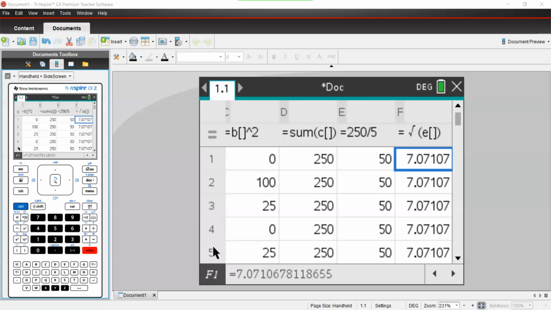Now I can put my whole formula together. It was the square root, so I'll do SQRT. And it was the sum, correct? Yeah, the sum. So I'll take this cell, divide it by n minus 1, which in this case is 5. And you get that right there.